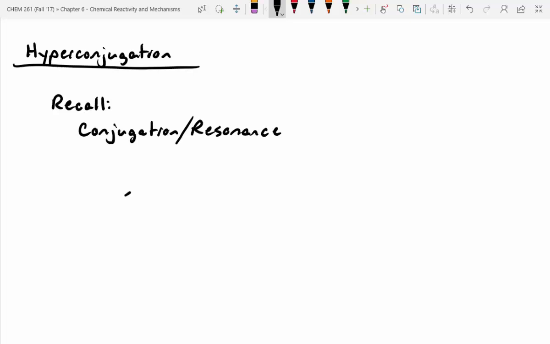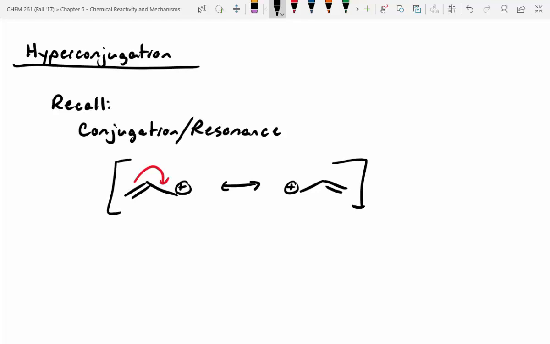Right, with that we said if you've got a carbocation, it can be really stable if you move that pi bond over. That allows us to delocalize a positive charge across the left carbon and the far right carbon, right? So this is very stabilizing.